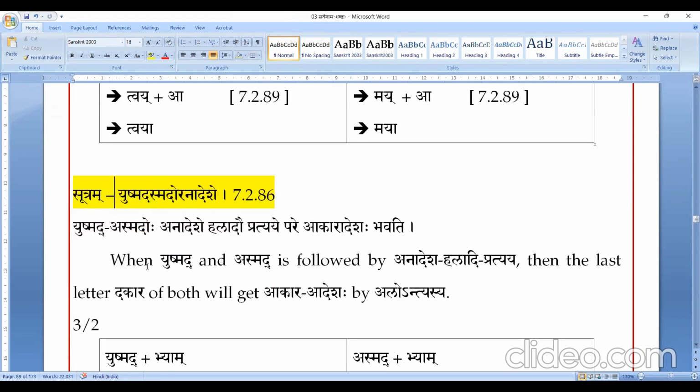Then Yushmadasmadoho anadeshe, an important sutra, 7.2.86: haladi vibhakti pratyaya pare.